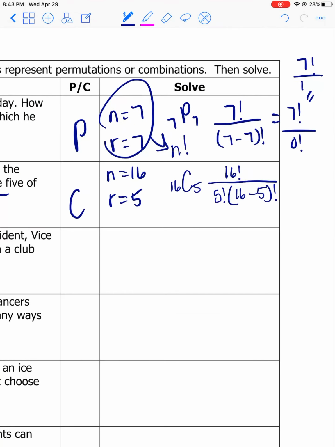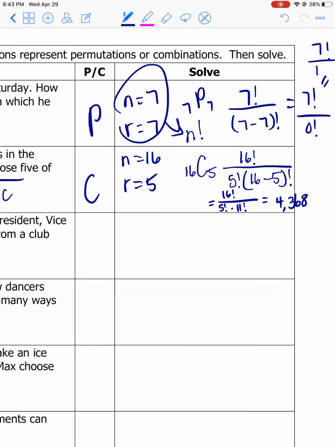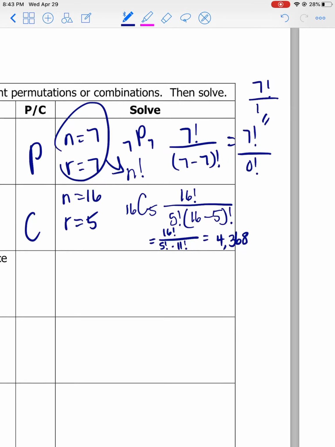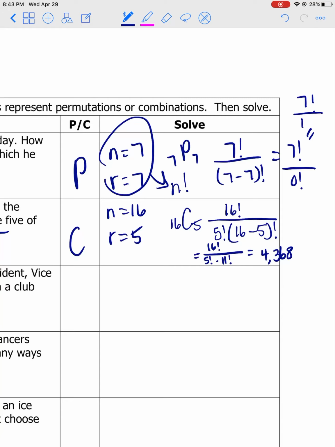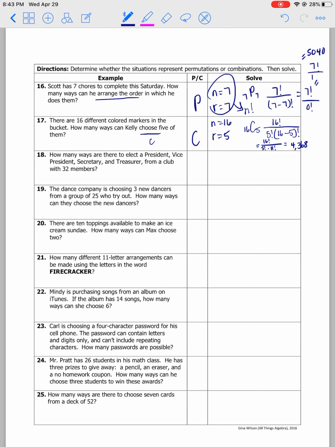So factorial of 16 divided by the factorial of 5 times the factorial of 11. Final answer, 4,368. I realized I didn't give you the final answer for number 16, which is 5,040, even though I already posted the answer key. There you go.